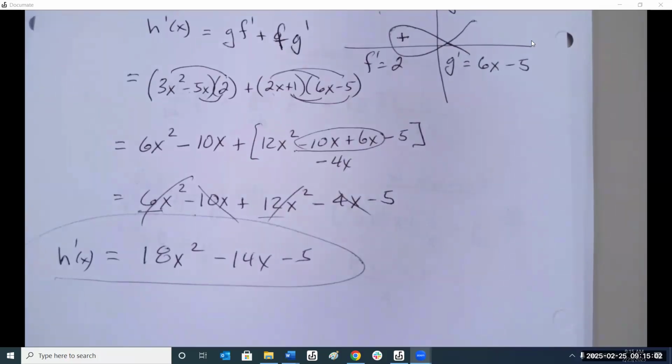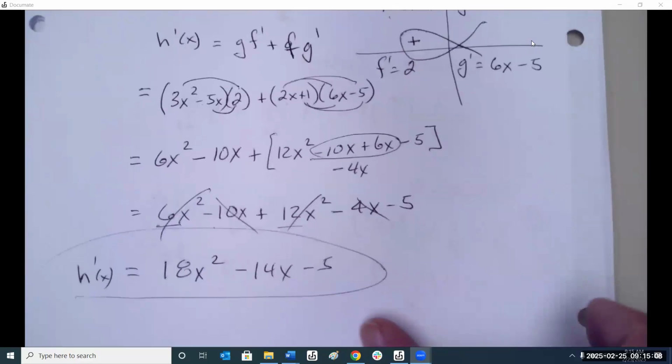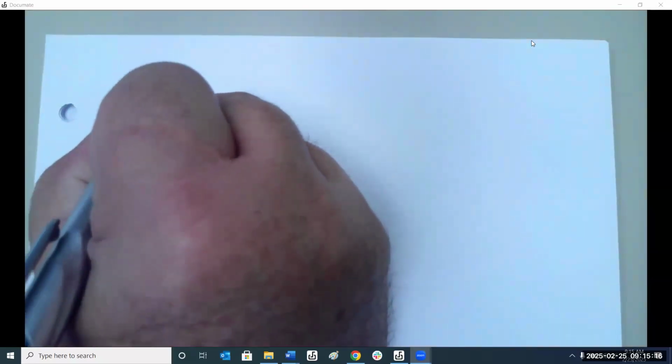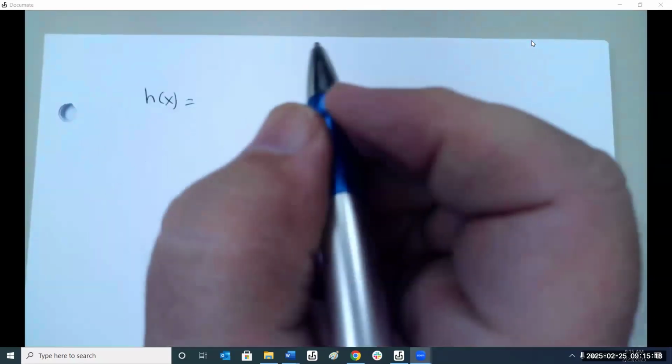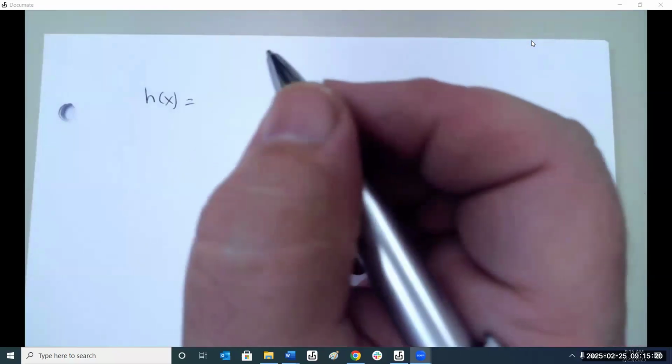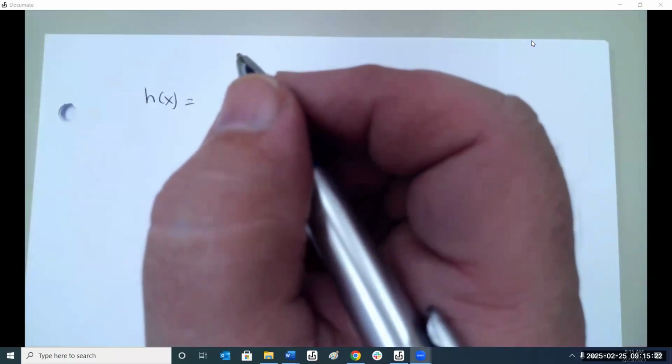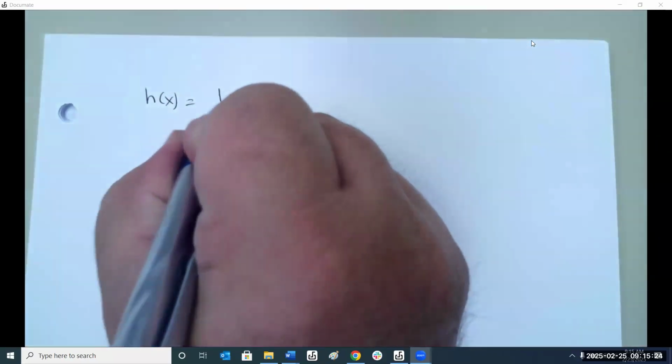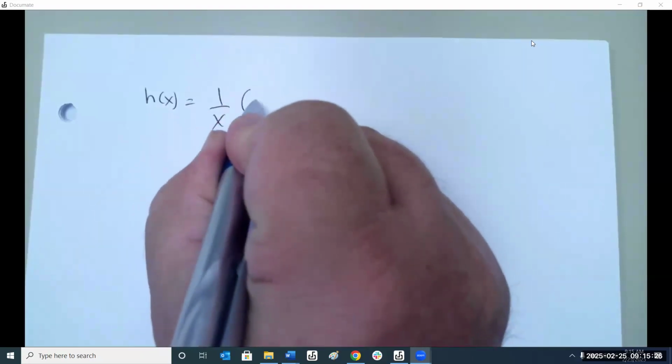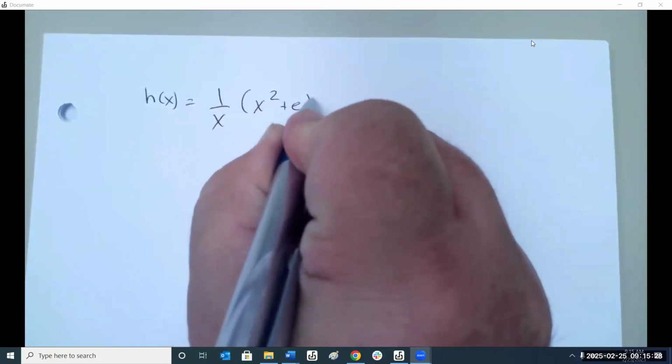Now, it's the same rule for quotient rules, except one small difference. The example question we had was 1 over x squared plus e to the x.